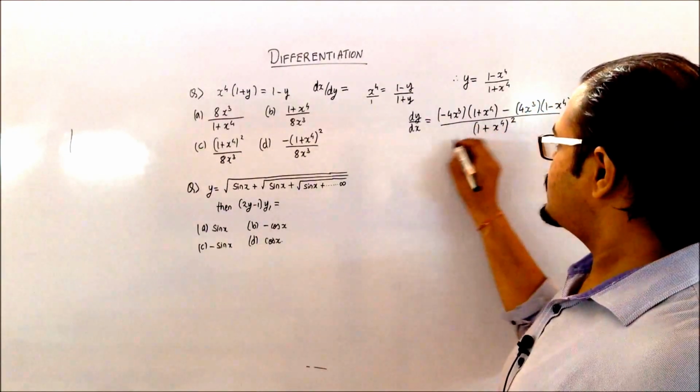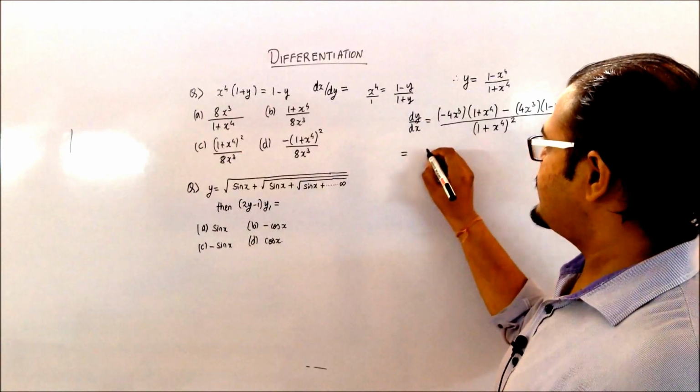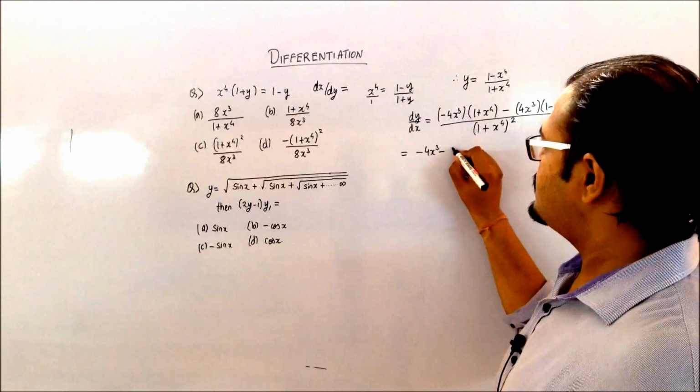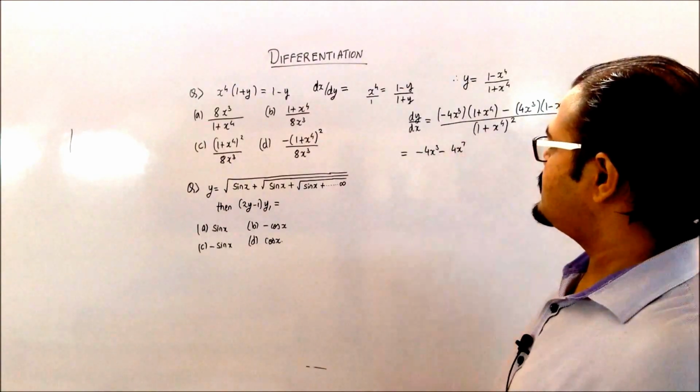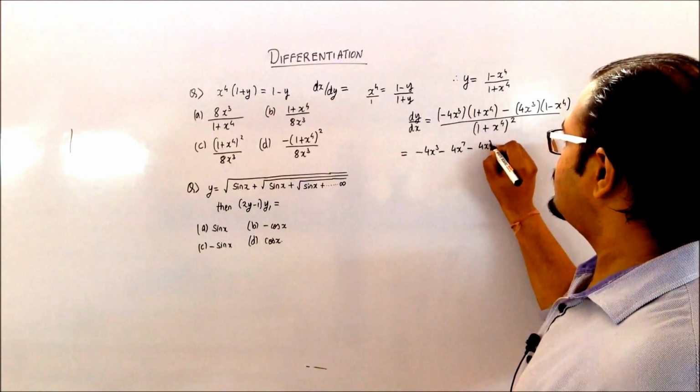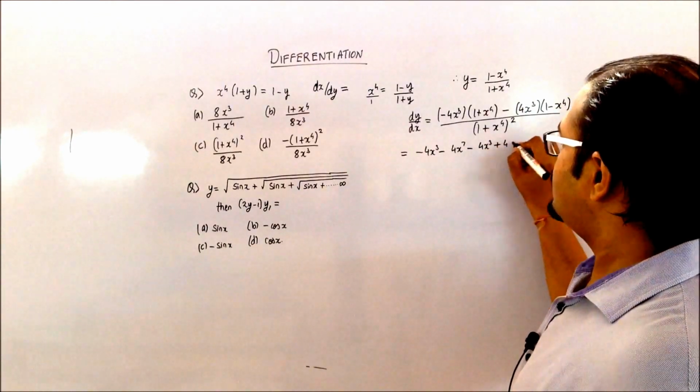So now if you solve this part, you will get minus 4x cube minus 4x raised to 7 minus 4x cube plus 4x raised to 7.